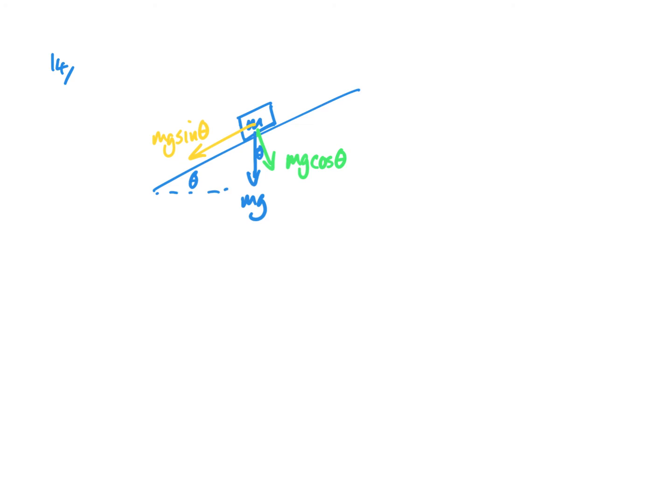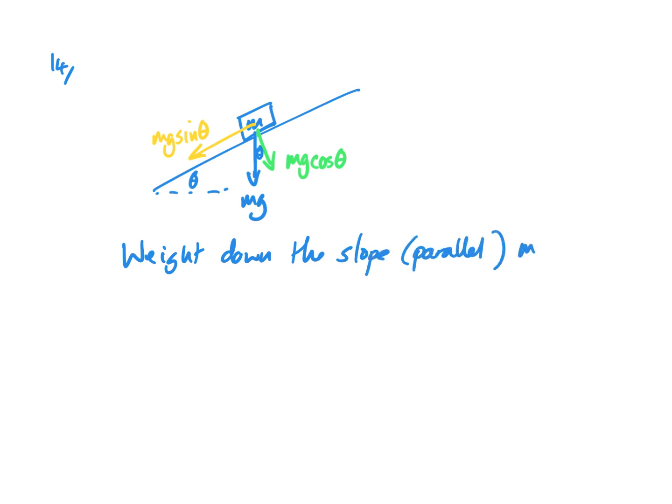So when something's on a slope, it's actually the mg sin theta component which is most useful. So it's known as being parallel to the plane or down the plane. So the weight down the slope, or parallel, is mg sin theta.